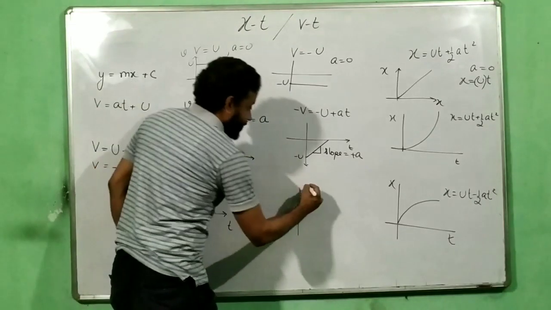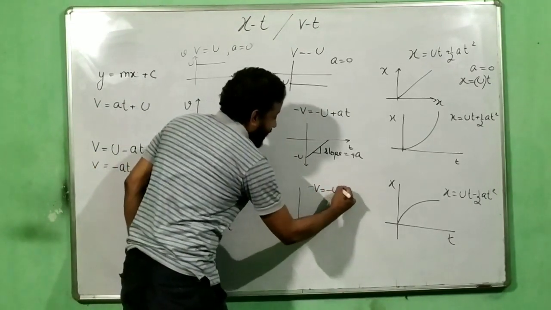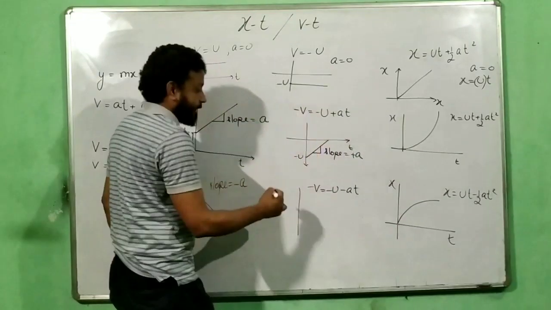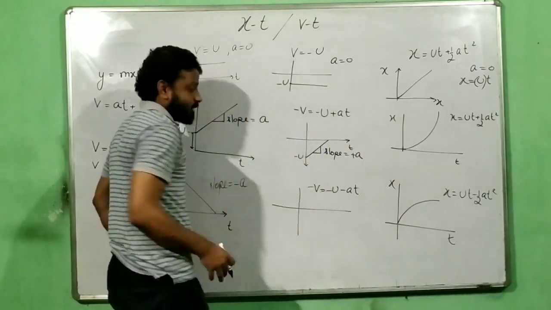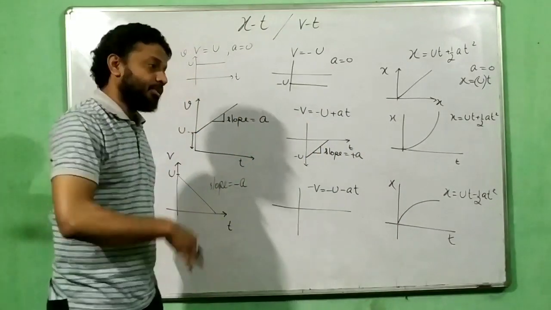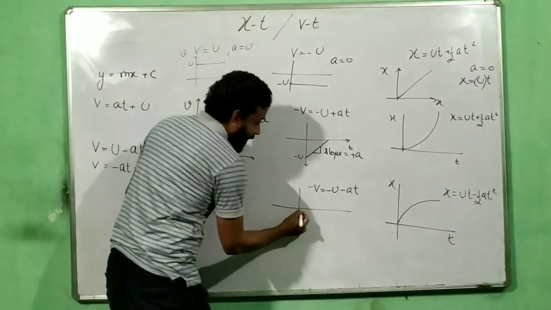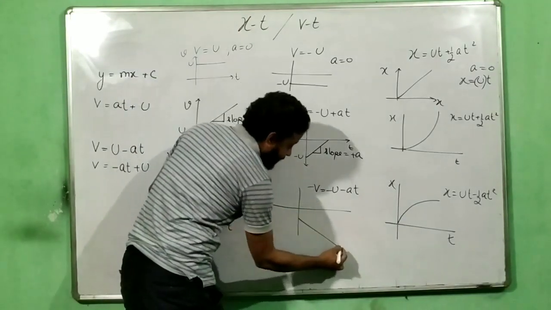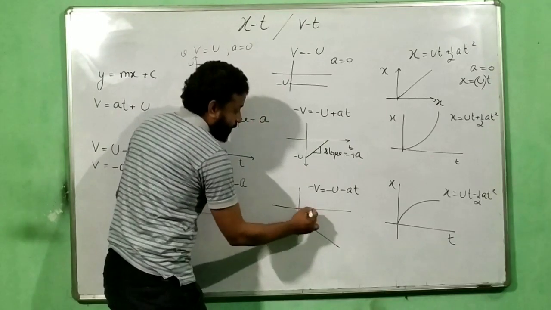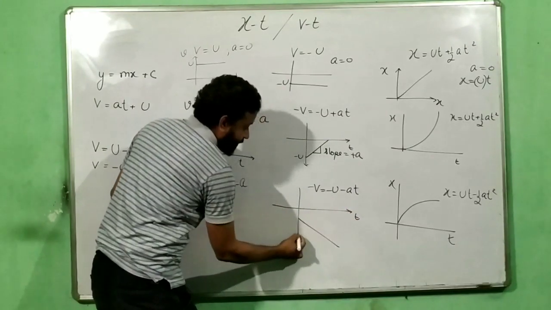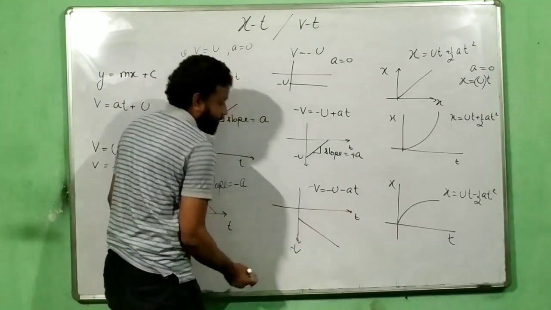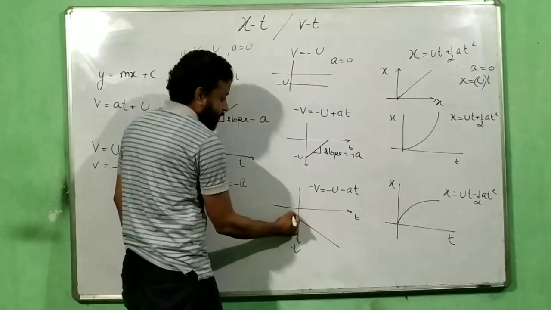This one, minus v equals to minus u minus at. Everything is negative. Negative velocity, negative initial velocity, and negative acceleration also. In that case, my graph will be like this. This is my time axis, this is my velocity, negative velocity, and this is my minus u.